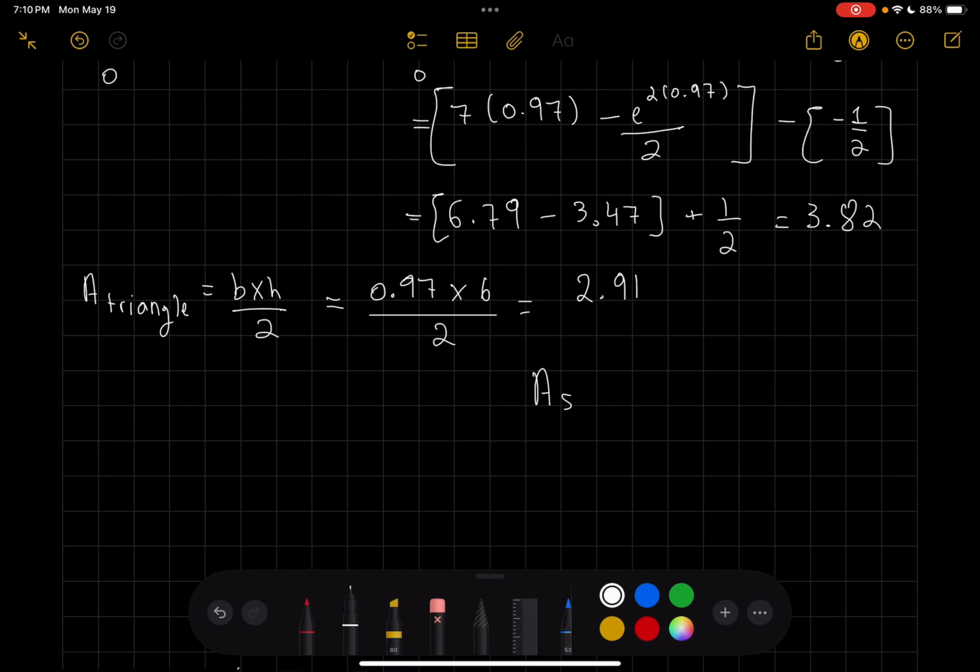Finally, the area of the shaded region is going to be the total, which is 3.82, minus 2.91, which is 0.91.